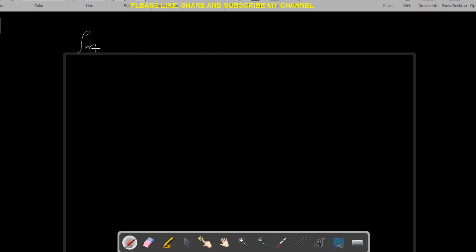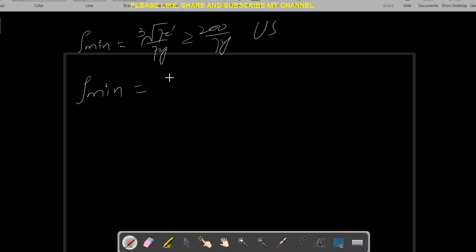If you remember, my row minimum in US customary system is 3 times root FC prime divided by Fy, which should be greater than or equal to 200 divided by Fy, but this is in US system. In SI system, it is 0.25 times root FC prime divided by Fy, greater than or equal to 1.4 divided by Fy.